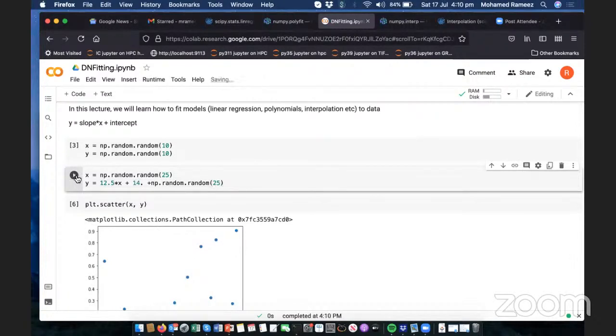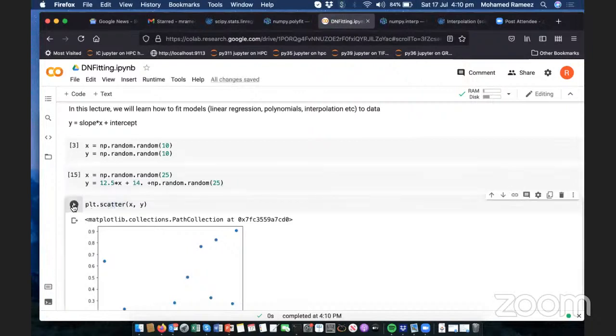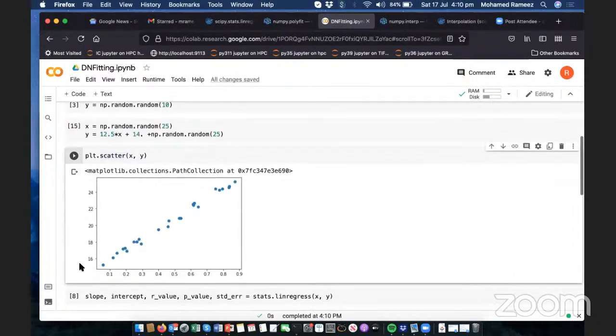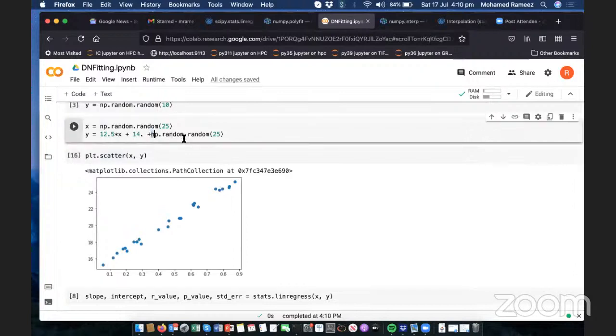Now, if I do this and then plot these points, you see that they actually look like a line. The amount of scatter you see around the line is because I added noise to each number.